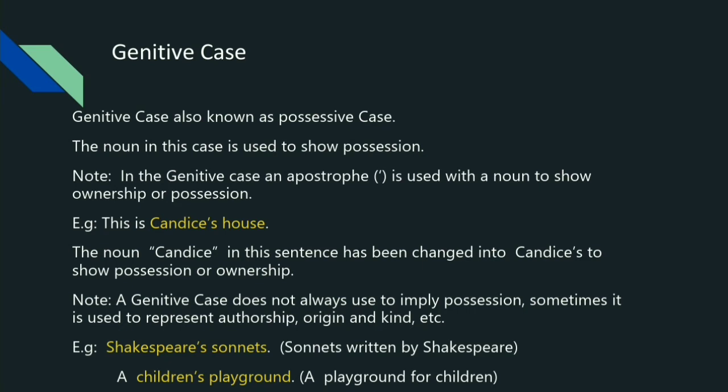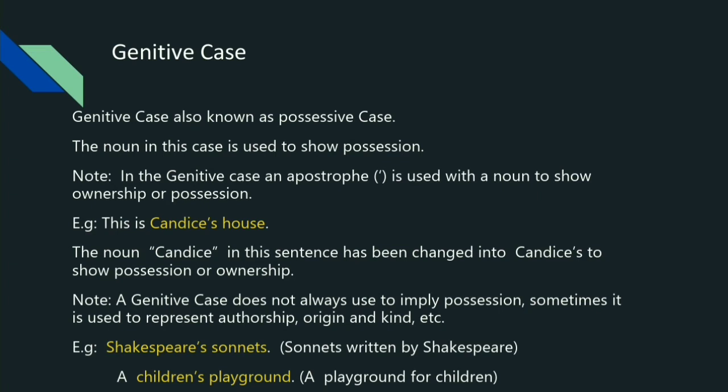So I have given an example here like this is Candice's house. Now you can see the noun Candice, but I have written an apostrophe with it, like there is a comma and s. So this apostrophe shows possession or ownership. So the noun Candice is in genitive case because it is showing a possession or ownership.